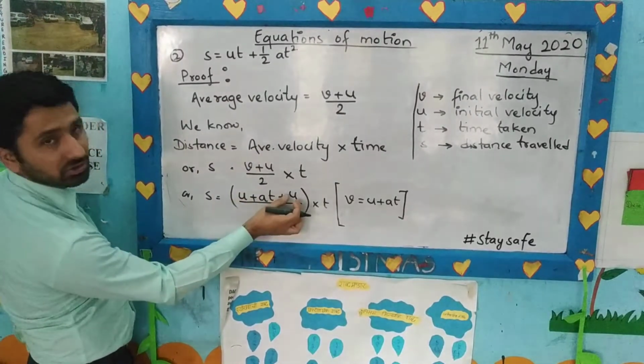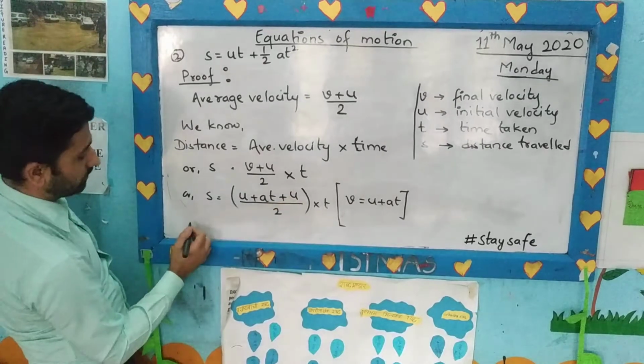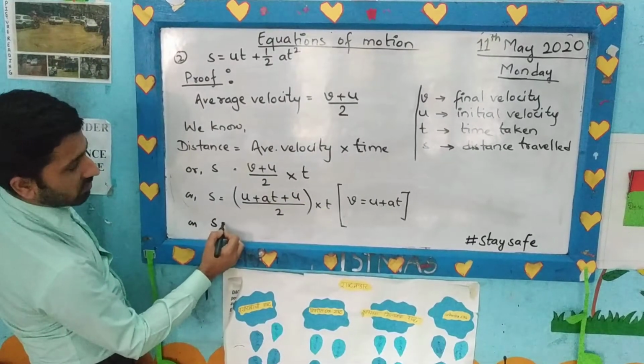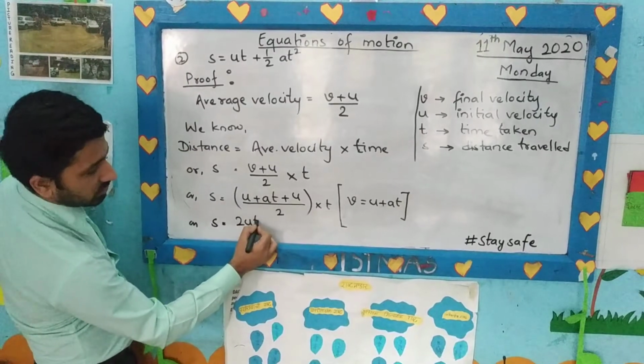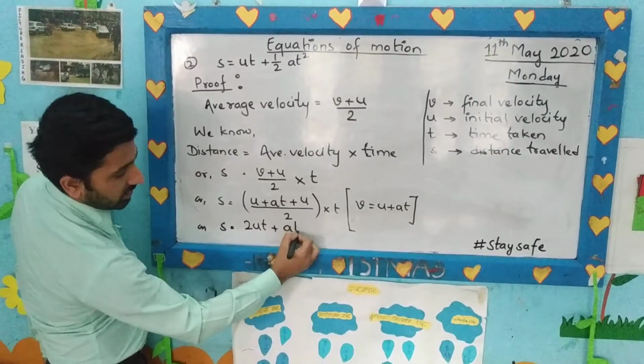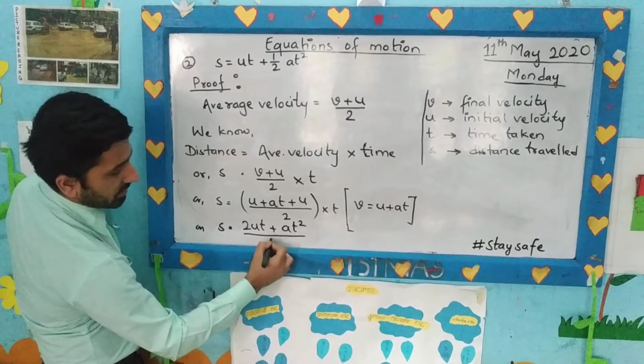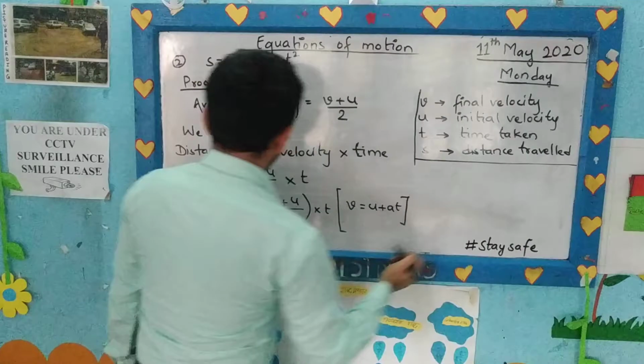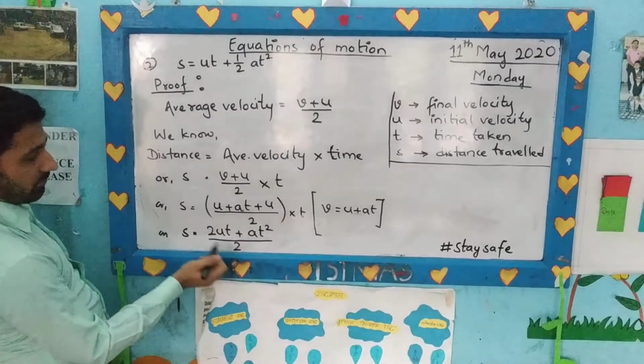Now u plus u becomes twice u, and if we multiply by t, we get s equals 2ut plus at square divided by 2. Now let's open this into V-shape form.